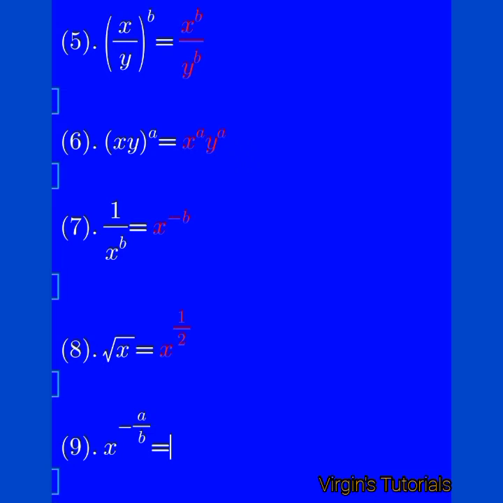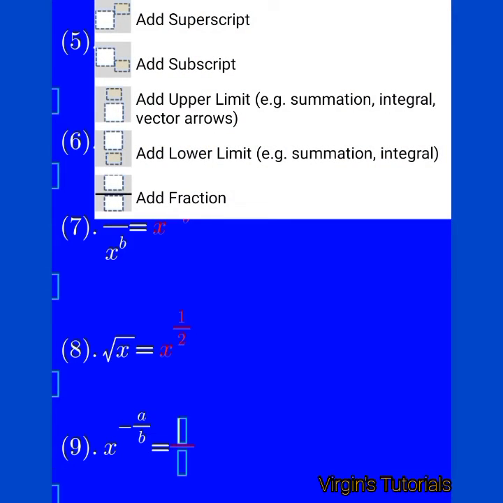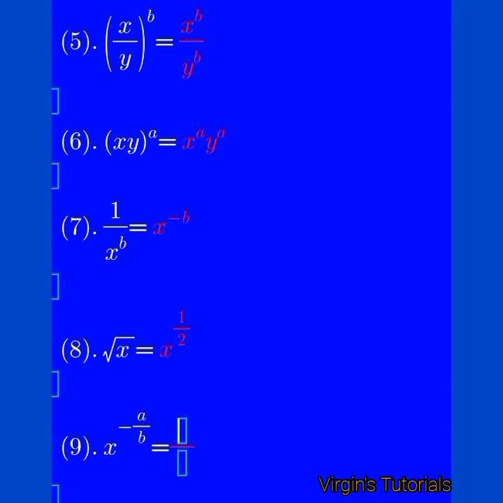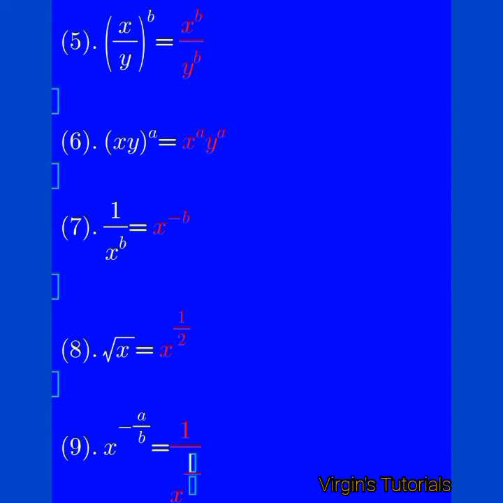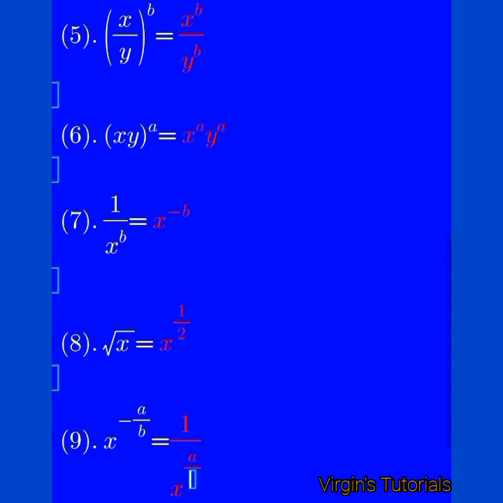It is simply 1 all over x raised to the power a over b. At this point you see that the negative sign has changed to a positive sign. So we have a all over b.